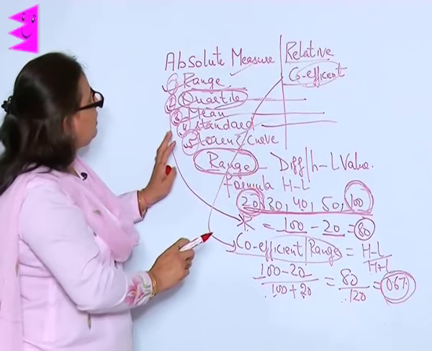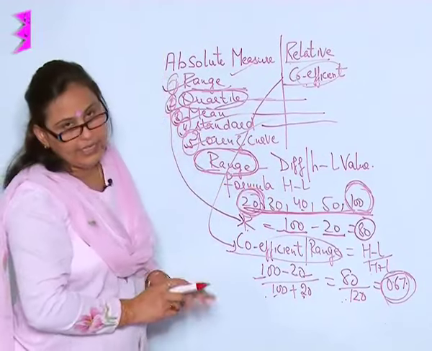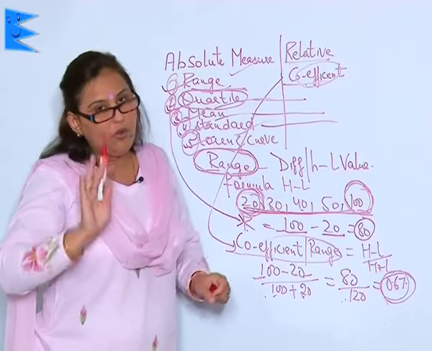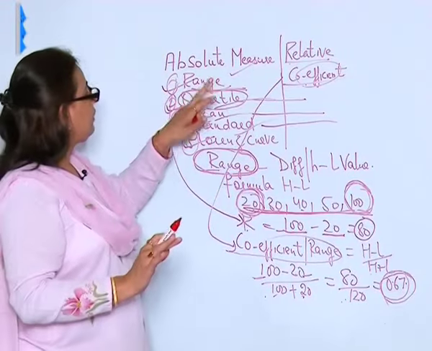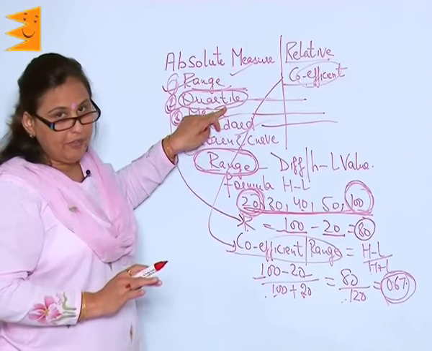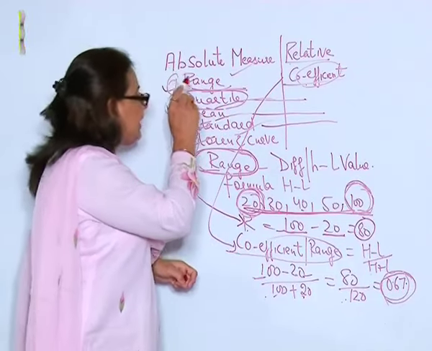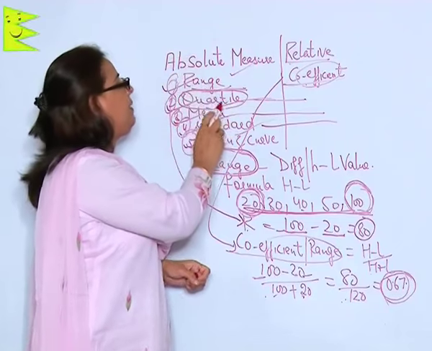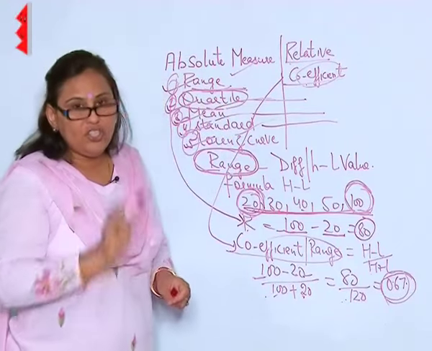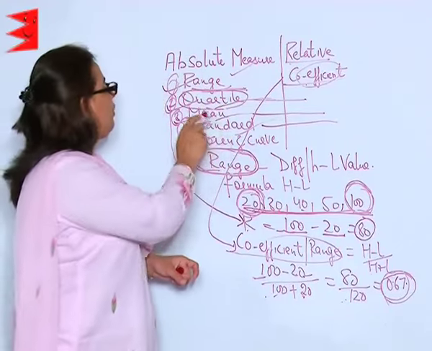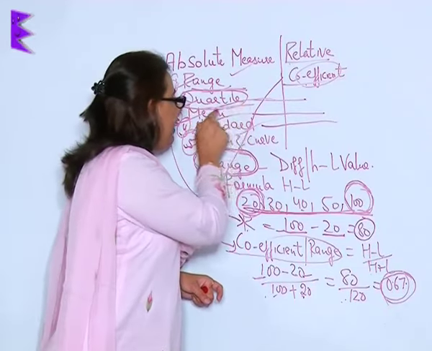The Lorenz curve exists only in the absolute measures of dispersion. In the next clipping, we are going to learn about the second method of measuring dispersion, which is called the quartile deviation.